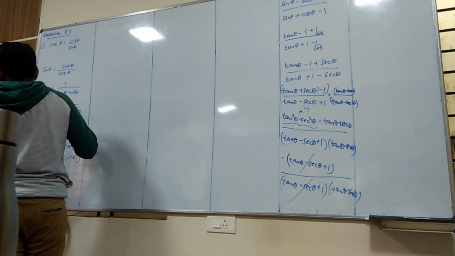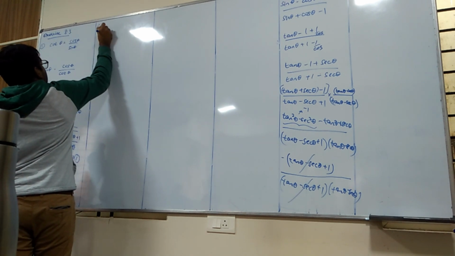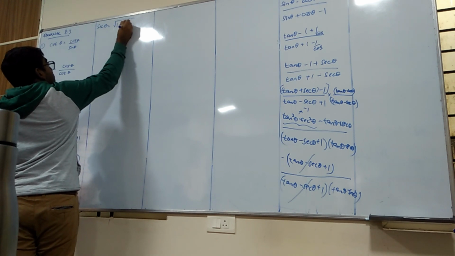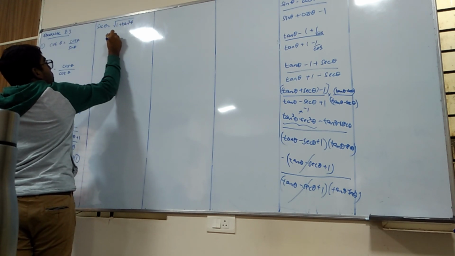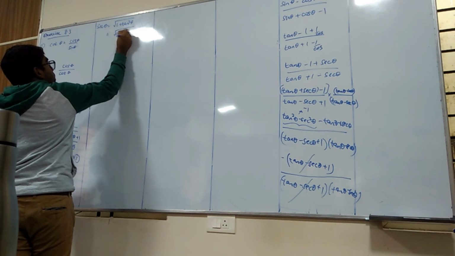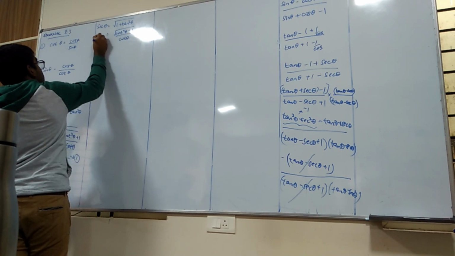Secant in terms of cot. Okay, again, we told secant theta is equal to root of 1 plus tan square theta, right? So, root of cot square theta plus 1 divided by cot theta. Simple, this is.